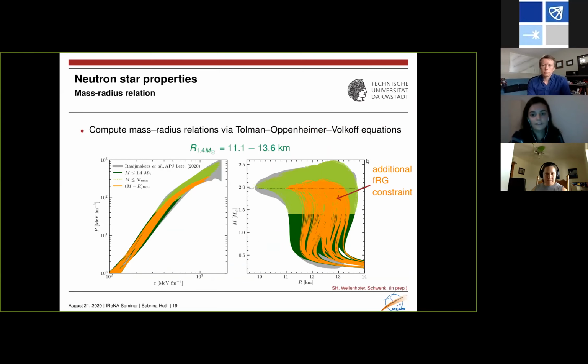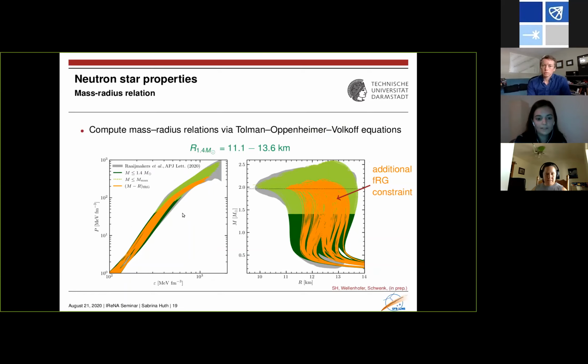And here are then the results for the mass radius relation. Here on the right, mass as a function of radius. Here you see the pressure again, but now as a function of energy density. So this is the equation of state. And of course, the mass radius relation is now calculated by solving the TOV equations.